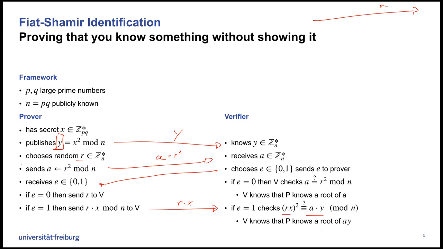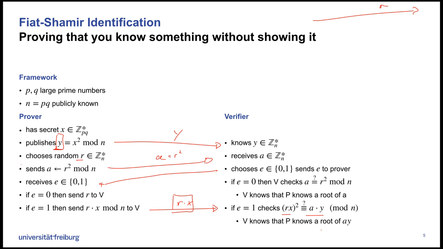Okay, what does this mean for the verifier? The verifier now says, okay, he knows a random number r times x, and its square is equal to y times a.